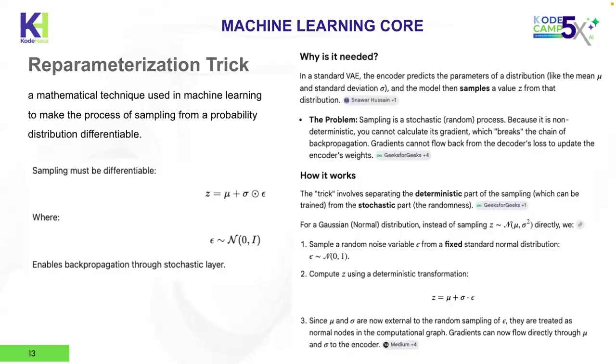You want to take the output from the decoder, calculate the gradients, and go all the way backwards from the decoder through the latent space back to the input, the encoder, to do all the parameter updates. But this random sampling would not allow it because you cannot get a gradient. So this reparameterization trick is just a way to get around it.